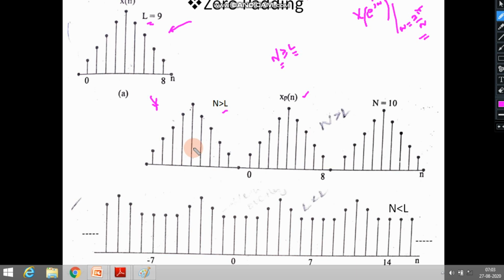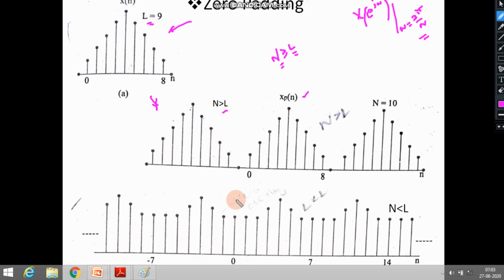Then we have taken N samples of the DTFT, which gives the DFT, and as N is greater than L, we can see we have obtained the spectrum individually without any loss, that is, the whole spectrum is obtained. There is a small gap in between, and we have obtained the periodic form of the discrete frequency domain spectrum of x of n.